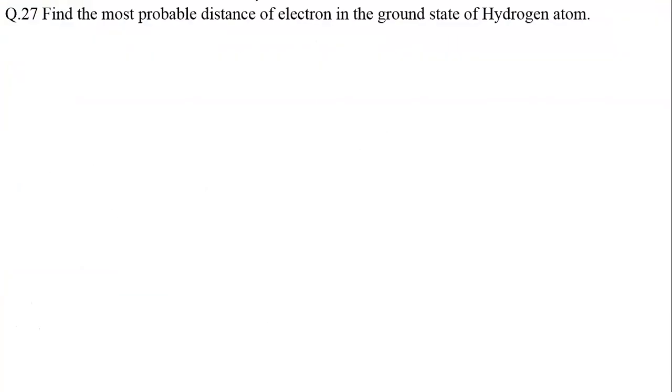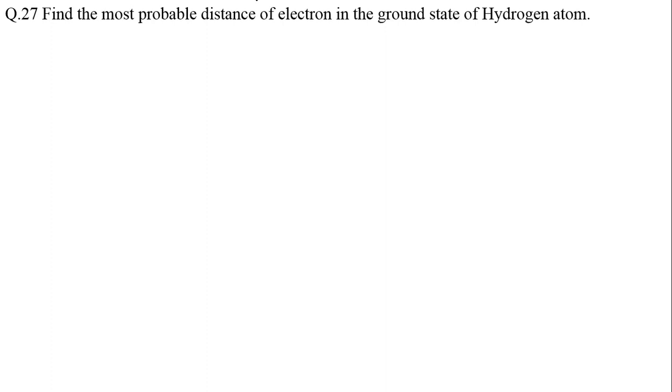Here the question is, find the most probable distance of the electron in the ground state of hydrogen atom. So we want to find the most probable distance. What is the most probable distance?